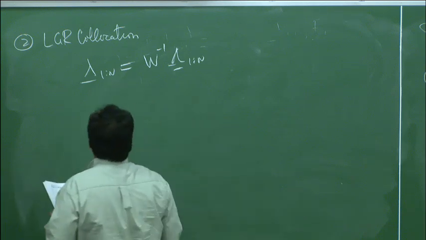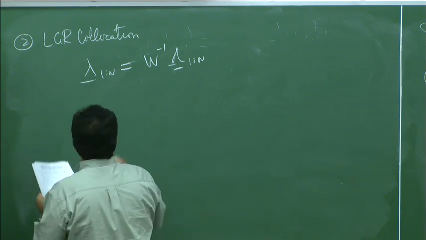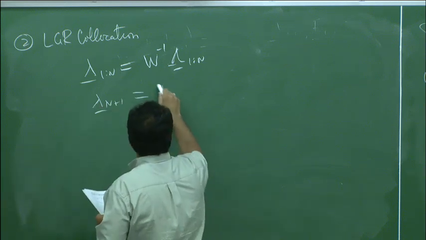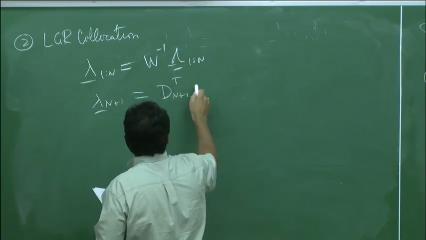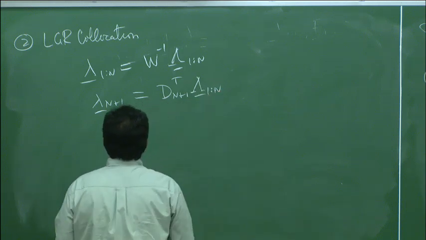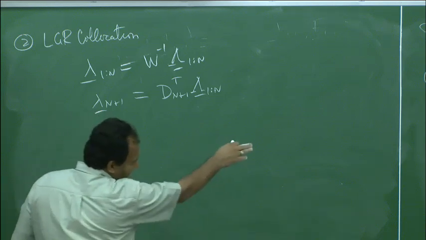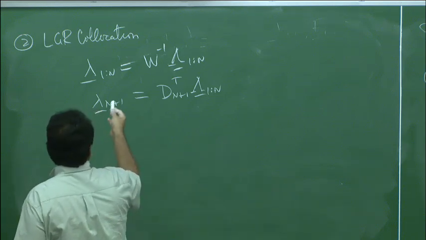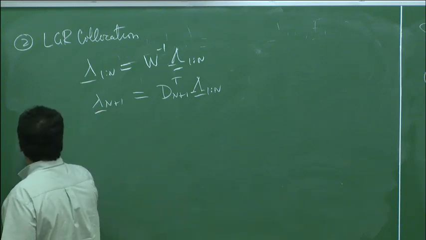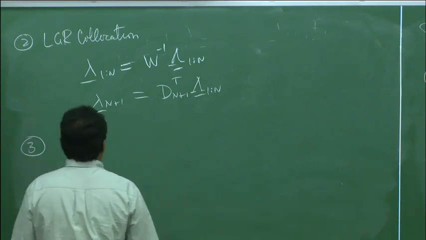In this case, 1 through n are the LGR points. And then lambda n plus 1 is equal to d n plus 1 transpose times lambda 1 colon n. So this is actually a really nice result because it's simpler than the result for Gauss. And as you'll see, if you actually compute a solution with it, it's quite accurate.